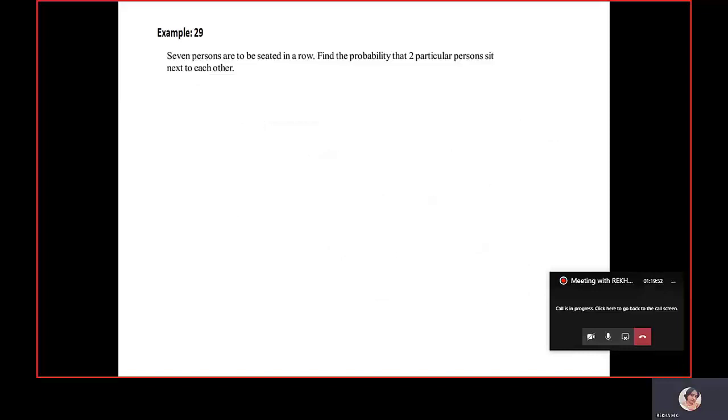So next sum. Seven persons are to be seated in a row. Find the probability that 2 particular persons sit next to each other. So 7 persons, P1, P2, P3, P4, P5, P6, P7.